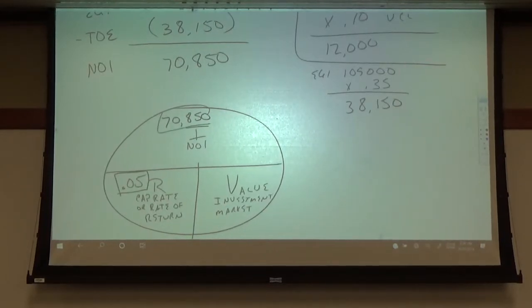Let's do the calculation and then we're going to explain it. 70,850 divided by 0.05, or 5%, would give us a value for this property of $1,417,000. Do the calculations make sense? I'm going to go through and explain the terminology now.